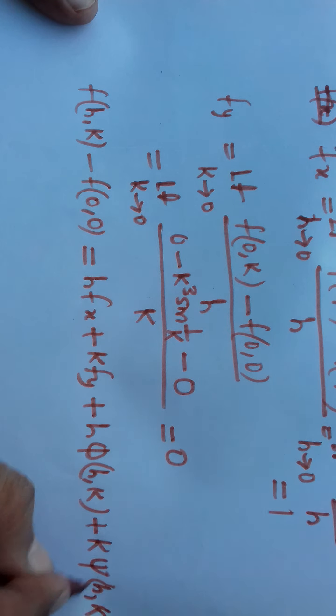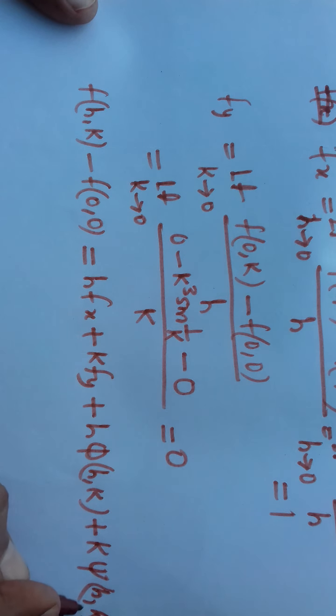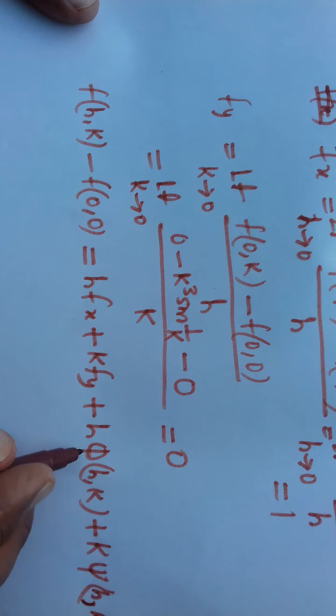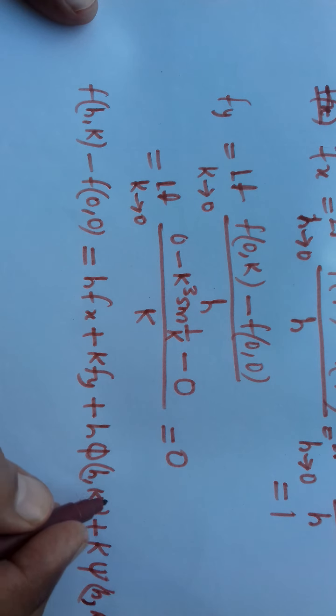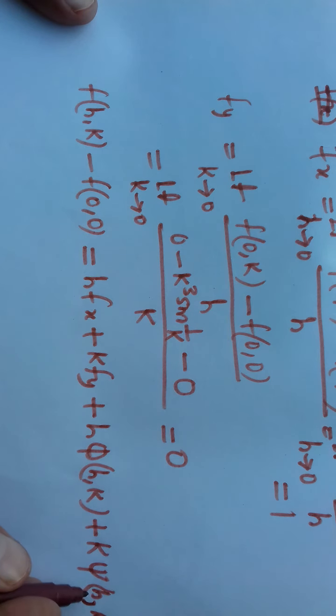You know, this is a formula to check the differentiability of a function in two variables. Here these two are functions. Such a function, if we tend h,k to 0, then this function tends to 0 also. The same statement you have to consider for this function as well.